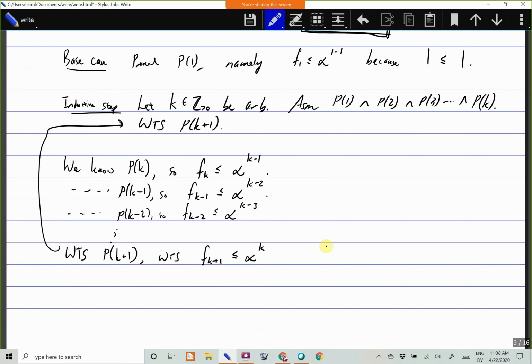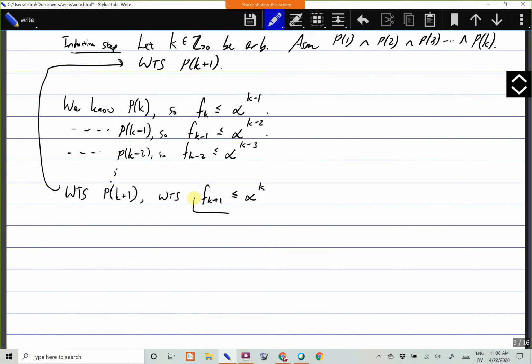To prove this inequality, let's start with the left side of it, f sub k plus 1. Due to how the Fibonacci sequence is defined, a term is found by adding together the two previous terms. So to get the k plus 1th term, you add the kth term together with the k minus first term.